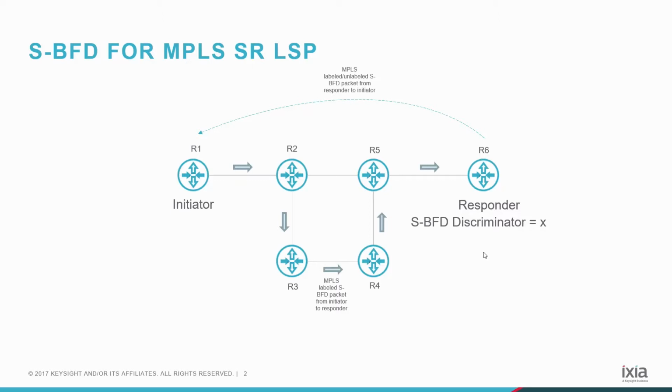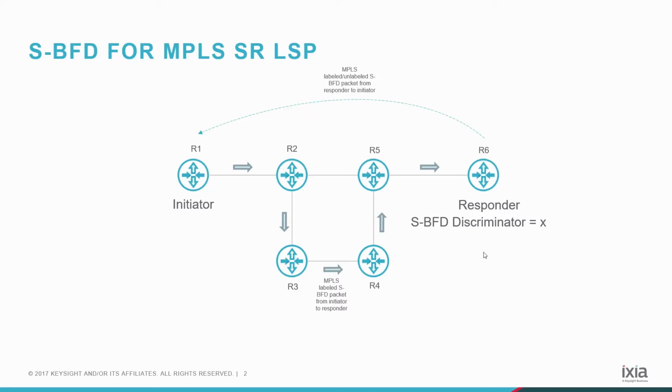For example, in this topology, a path which starts from R1, goes through R2, R3, R4, R5 and ends at R6 could be checked using SBFD. The source is known as initiator and the destination is known as responder.